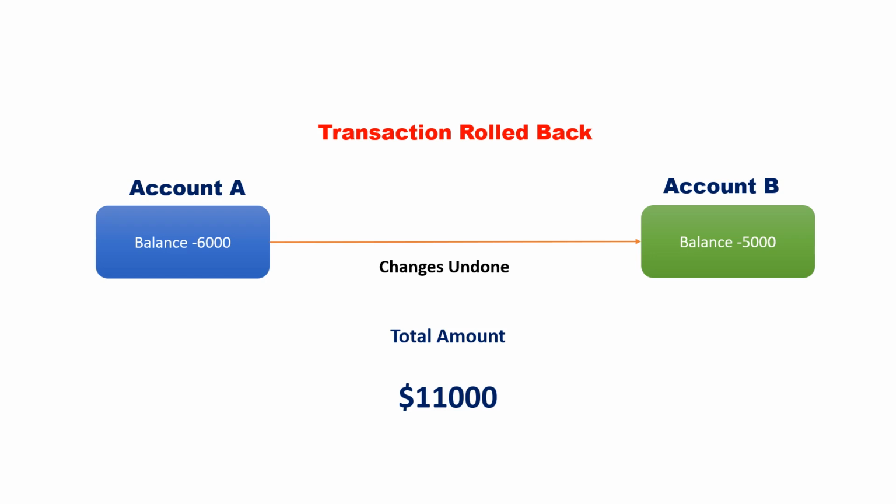Instead, the system will roll back all changes made during the transaction. This means any amount debited from account A will be restored, ensuring both accounts return to their original balances. This rollback process helps maintain the consistency of the database.